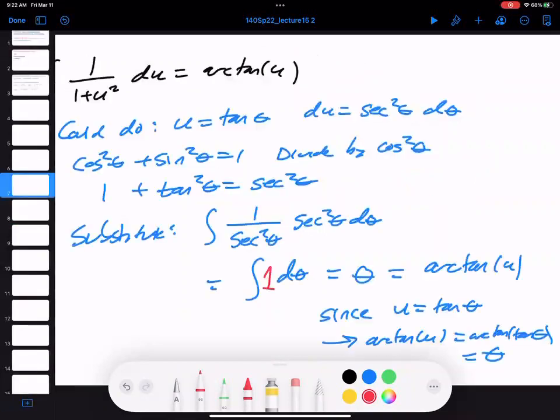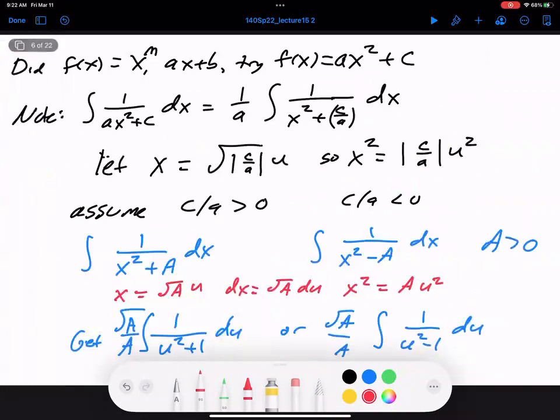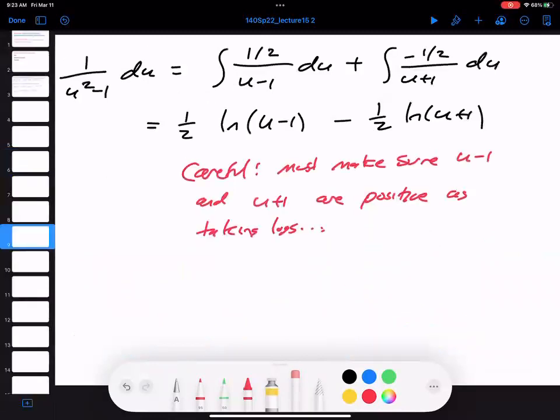Well, what quadratics did we look at? Did we look at an arbitrary quadratic? We looked at forms of the form ax squared plus c. So we did not consider an arbitrary quadratic.